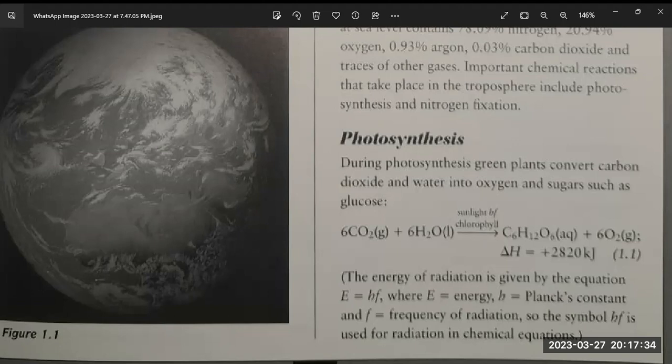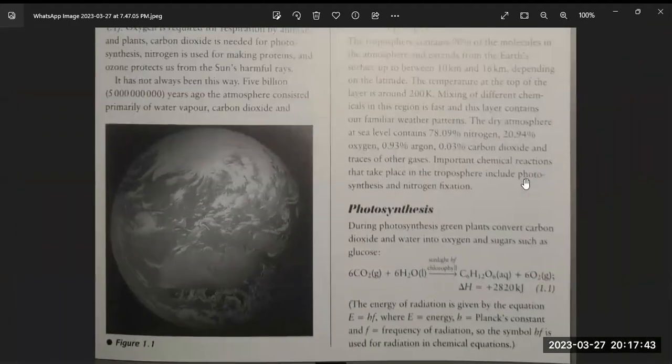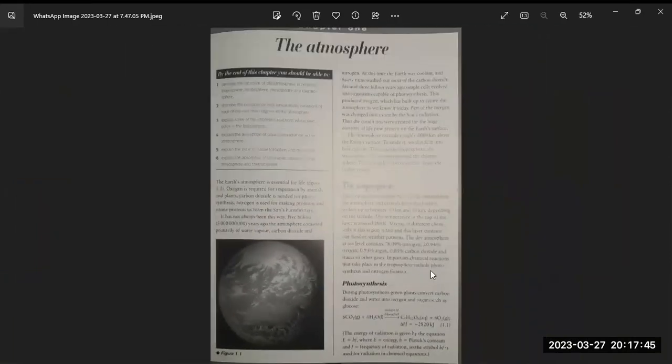The energy radiation is given by the equation, and you can see the equation there. We can read that sometime later. All right. So it is what it is. It is cause for concern. If we don't pull up our socks, literally pull up our socks, what is going to happen to us is we're going to die.